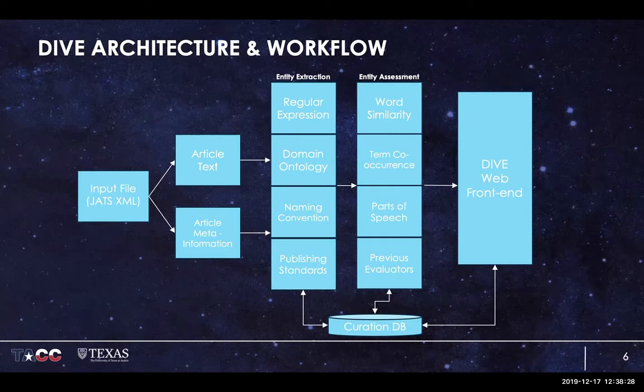And they could be related to the previous evaluations by authors. It could be parts of speech, how likely it is to occur with other known entities, and word similarity. So we could use all of these approaches, and then we expose all of that to the authors with a web front end. All of this gets stored in a database, and that's what drives the web front end.